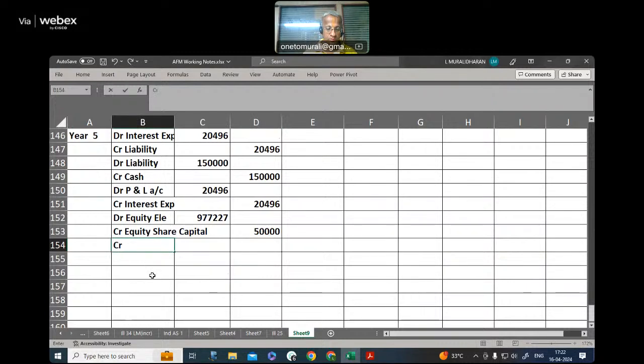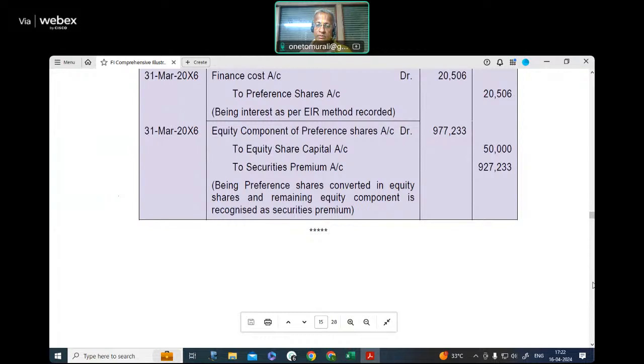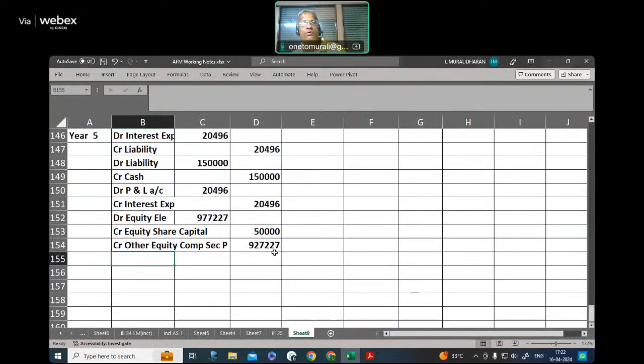Then the other equity component, there is securities premium. Is that clear? So that is the way we will take it up. Mark this problem as very, very important. 927,233 and 927,227, so it is on account of approximation.